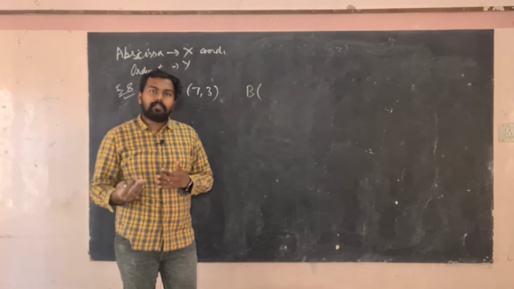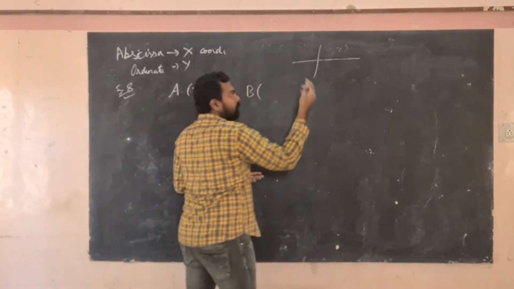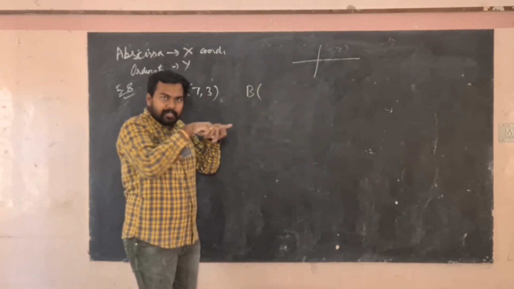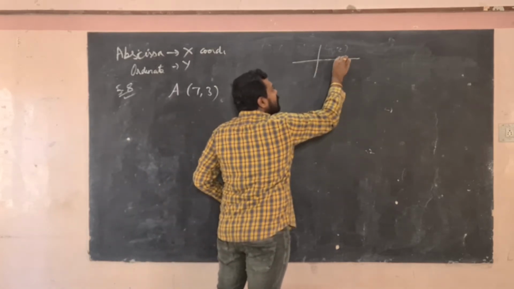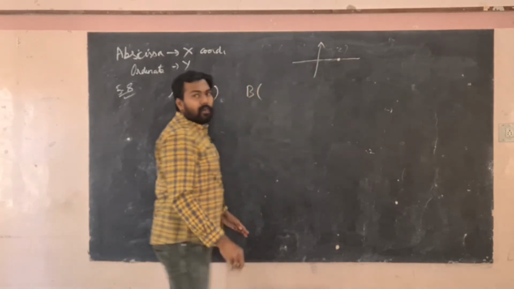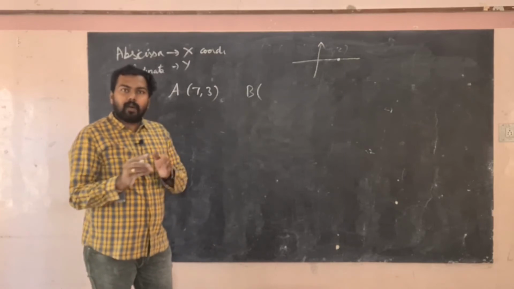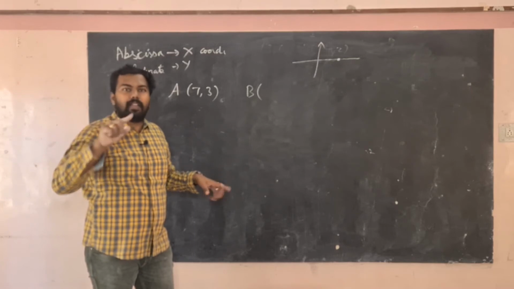B lies on the x axis. See, if you consider this as the Cartesian plane, if a point lies on the x axis, what will be the value of y? It will be 0. So any point which lies on the x-axis will have y value as 0.